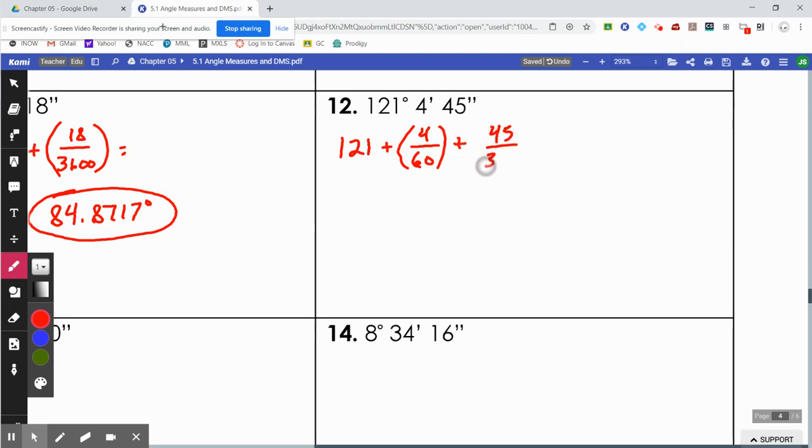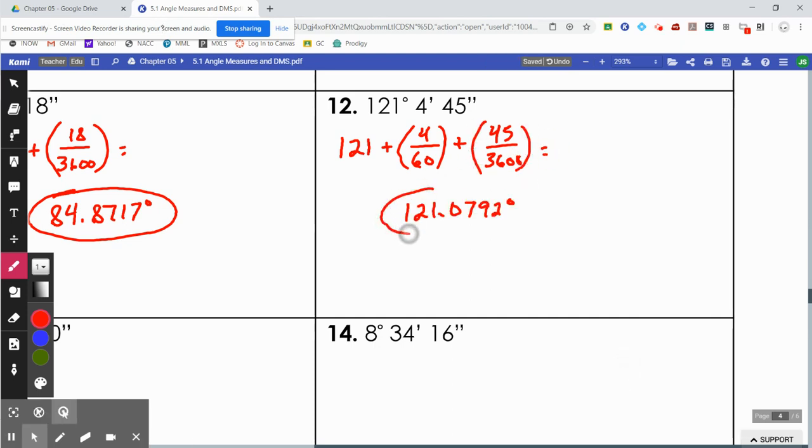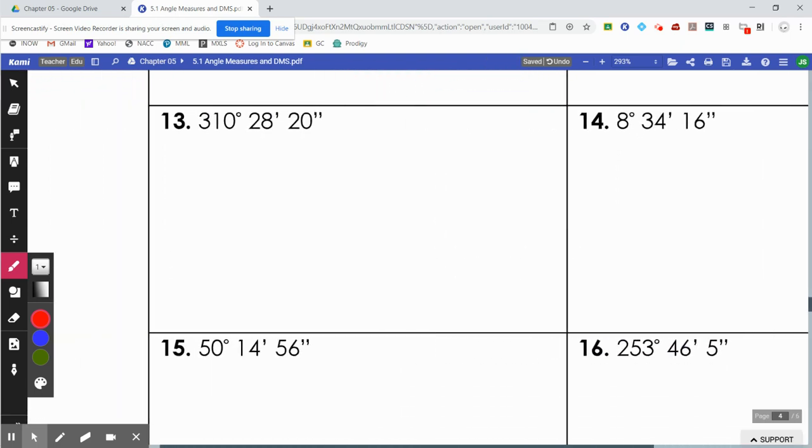Add those together and you get 121.0792 degrees. Number 13, 310 degrees plus 28 minutes is 28/60ths plus 20 seconds would be 20/3600ths.